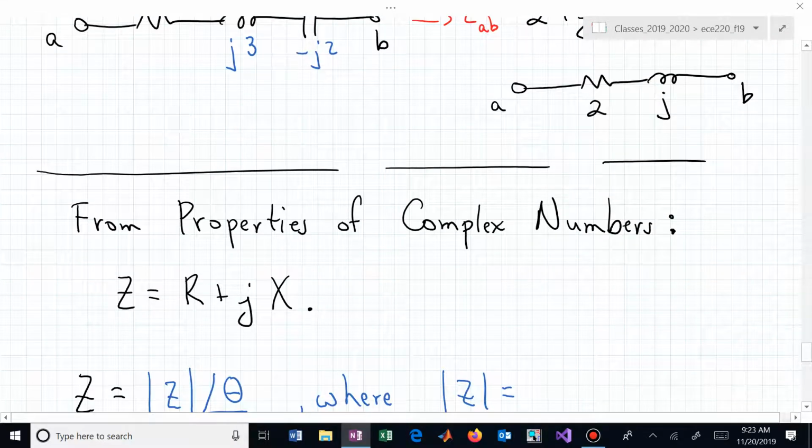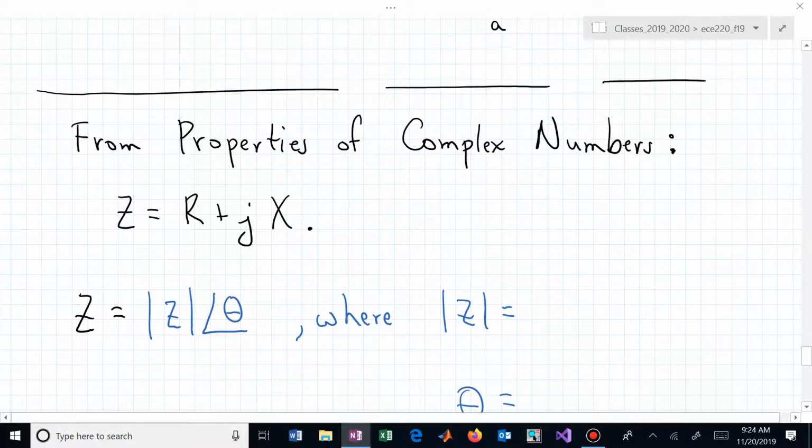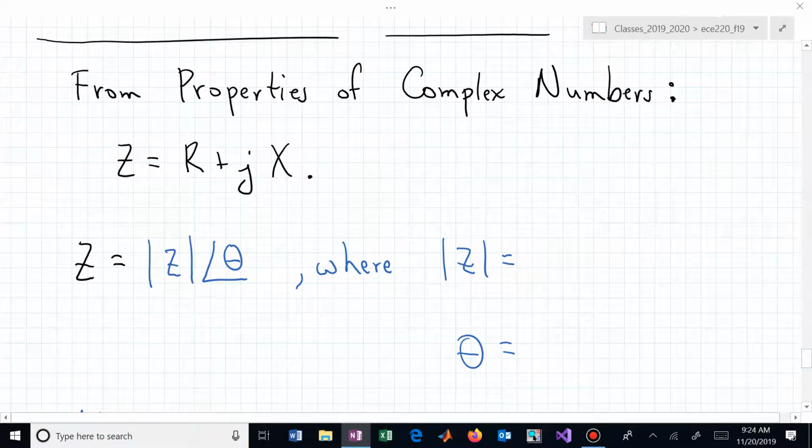And now that we can talk about impedance in terms of complex numbers, we can start finding different pieces of this impedance. We could find the magnitude of the impedance. And if our impedance is now the resistance plus j times, what was the X called? Was that the reactance?